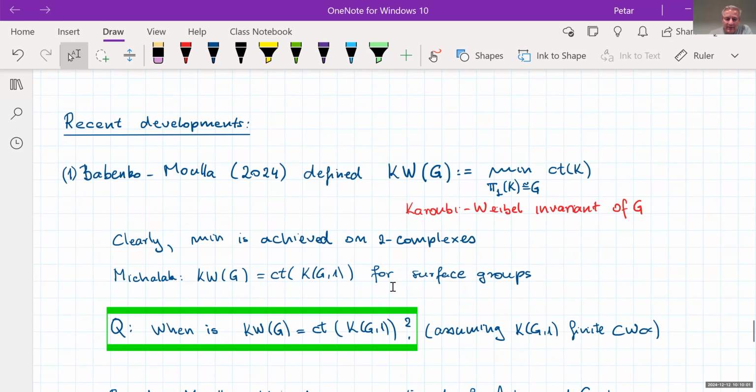But anyway, the question is then when it is true that the Karoubi-Weibel invariant of G is the same as the covering type of the corresponding Eilenberg-MacLane space, assuming that it is a finite CW complex. So we know that it is not true in general for some asymptotic reasons.